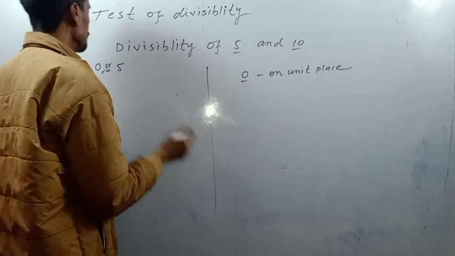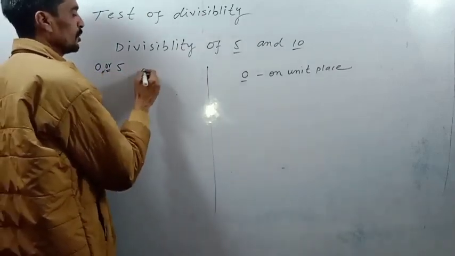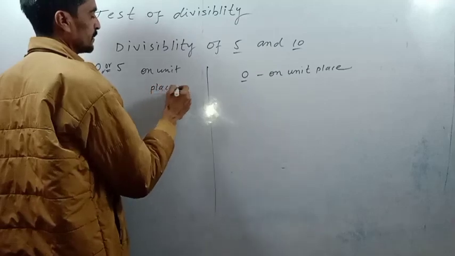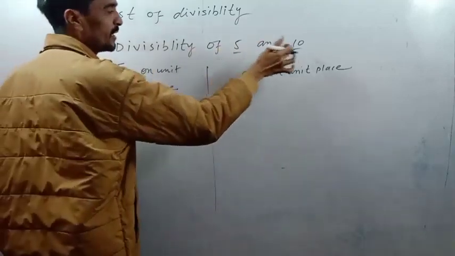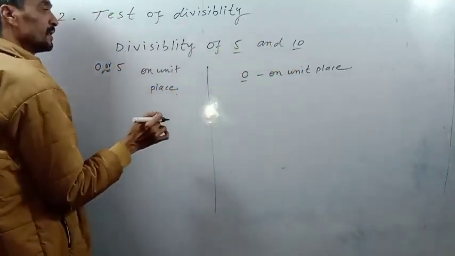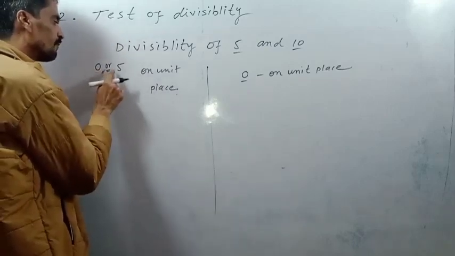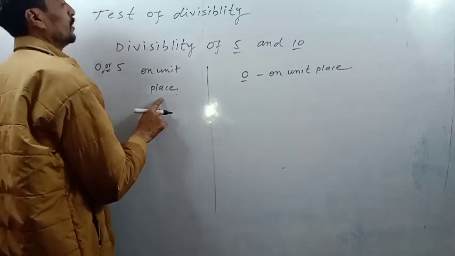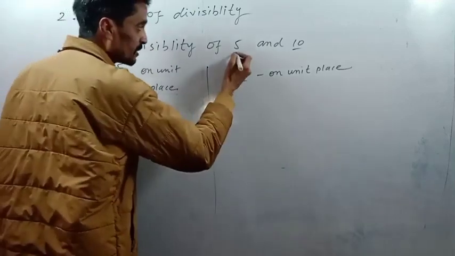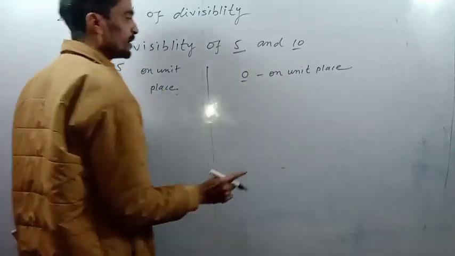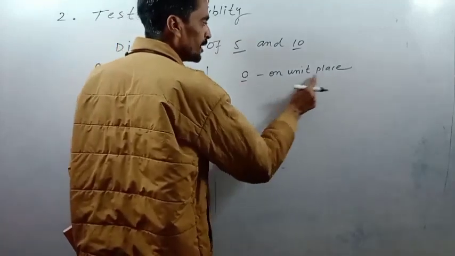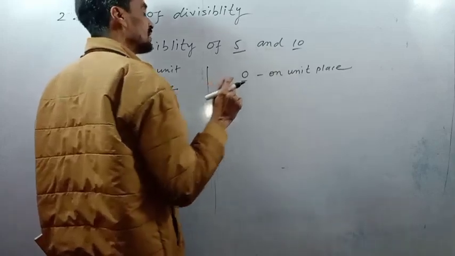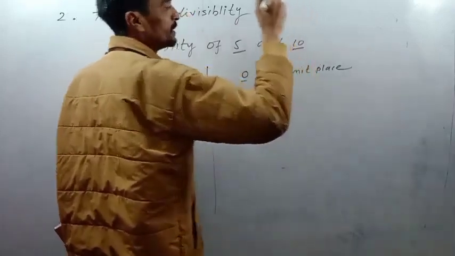So for the divisibility of 5 and 10: if the digit 0 or 5 is on the unit place, that number satisfies the divisibility of 5. If the digit 0 is on the unit place, that number satisfies the divisibility of 10.